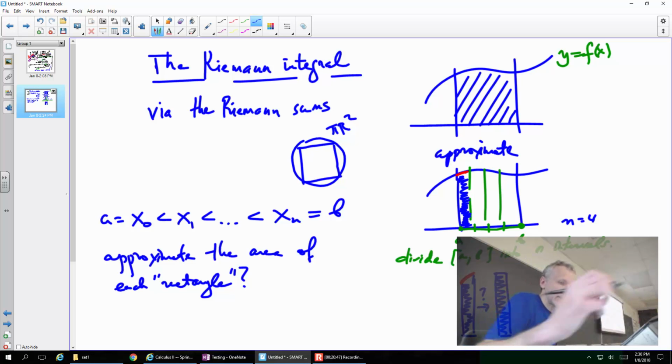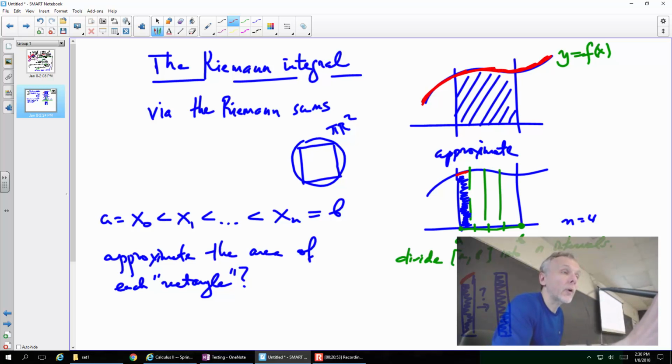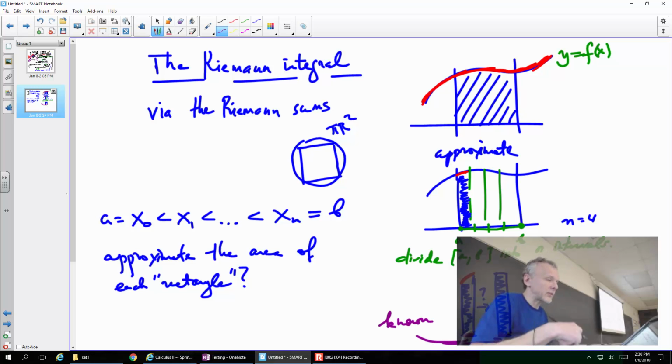Well, the red line here is our graph. Okay, so the only thing so far that we know is the base. So this is known. The base of the rectangle is known. It is the height that is unclear. So how do we find the height?